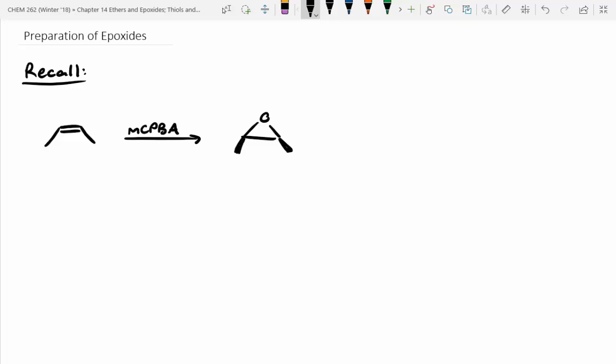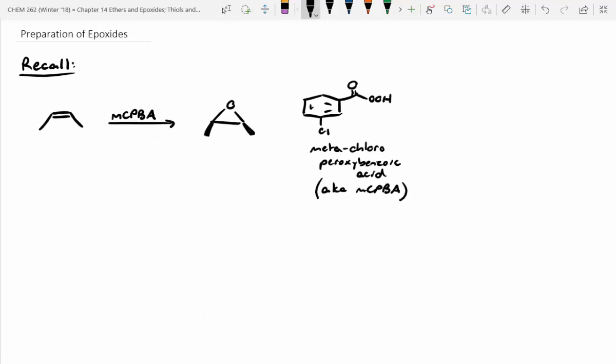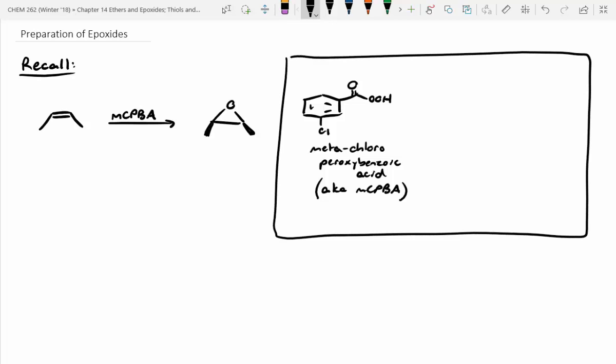All right, so let's draw that. Oops, this should be a chlorine. This is metachloroperoxybenzoic acid, aka MCPBA. You can use this to install that oxygen, or you can use another peroxy acid.